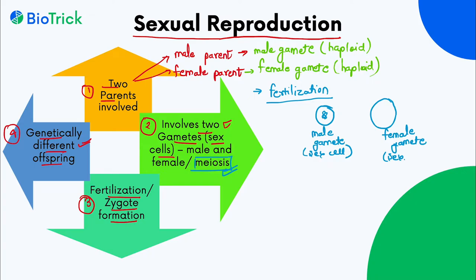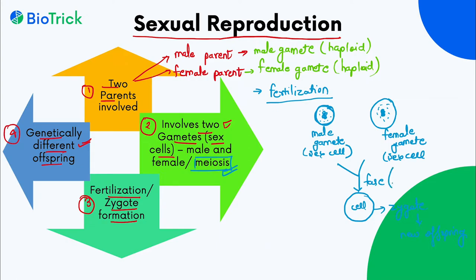Each cell has a cell membrane, cytoplasm and nucleus. When these two cells or gametes fuse, they will form a new cell which is called a zygote. This zygote will develop to form a new offspring or individual.